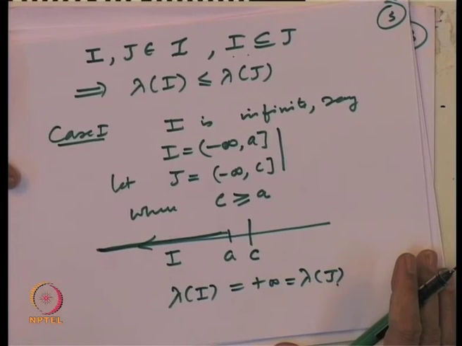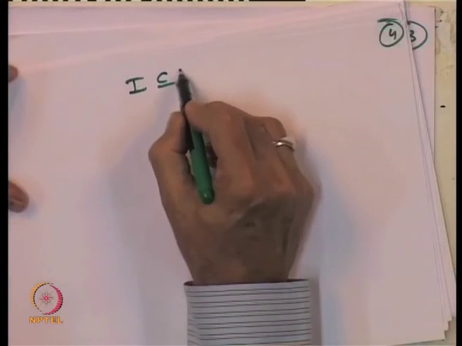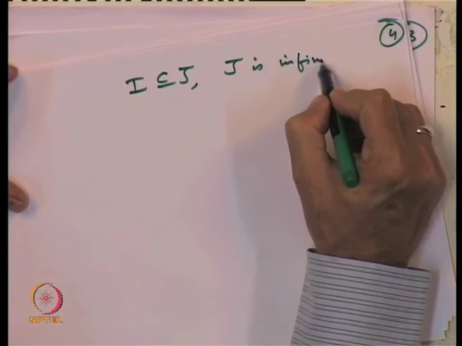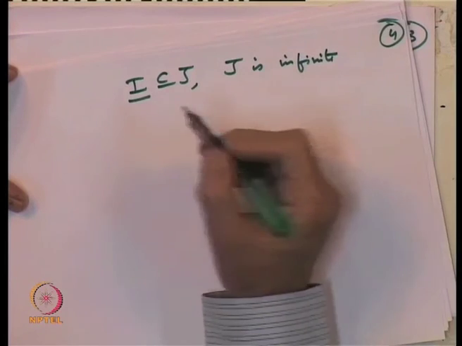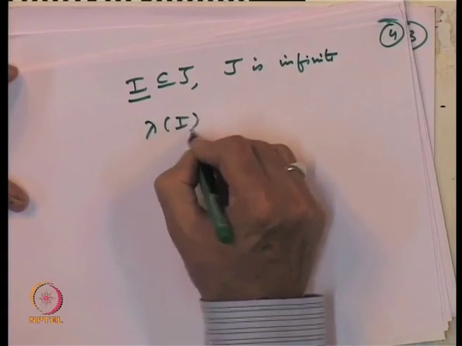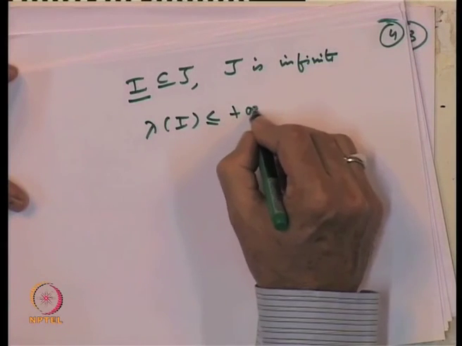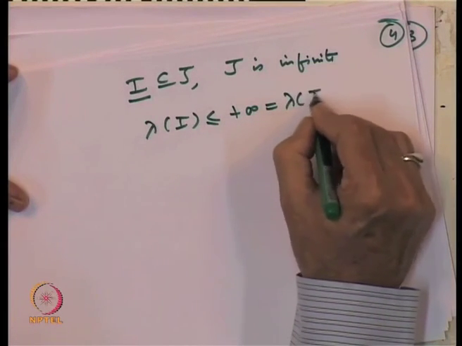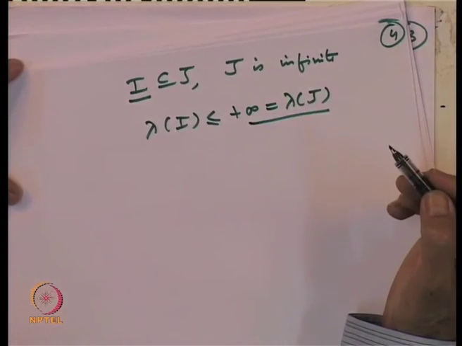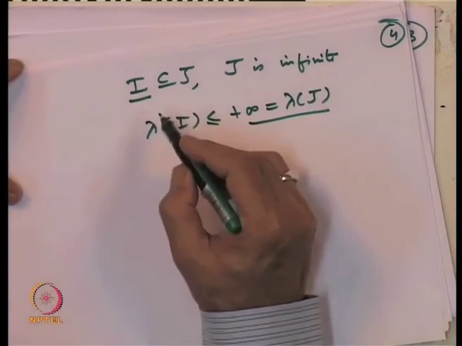So, that case is obvious. Let us look at the next case. I is a subset of j, j is infinite. Whether I is infinite or not does not matter, because the length of I is always less than or equal to plus infinity, which is equal to length of j. J being infinite, its length is always going to be plus infinity.